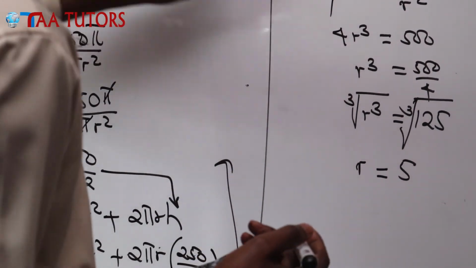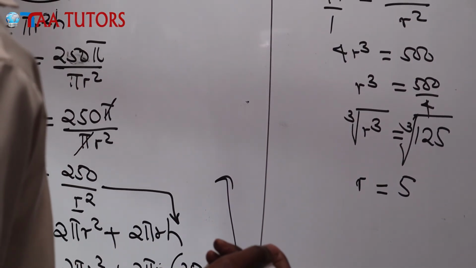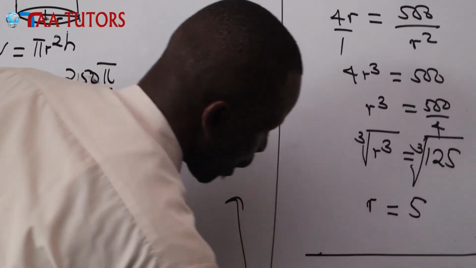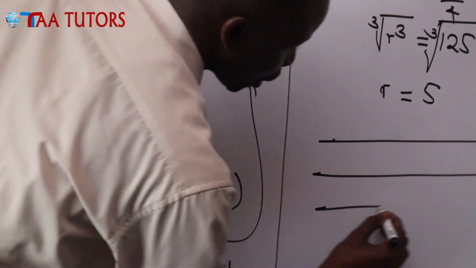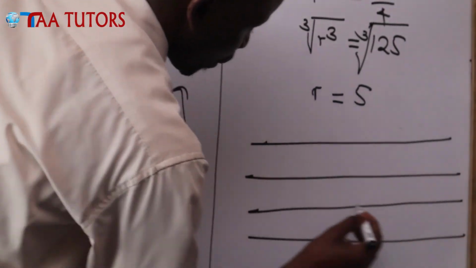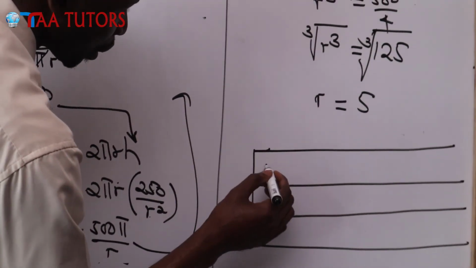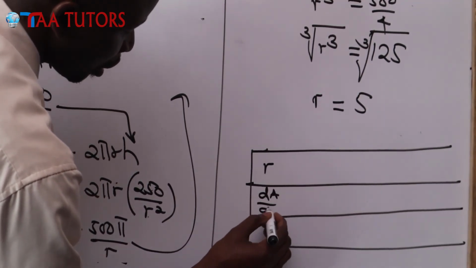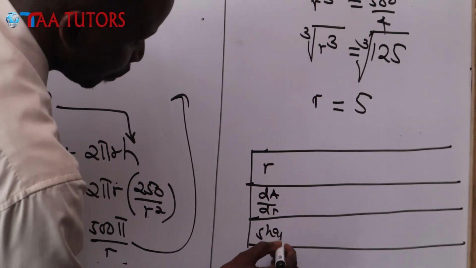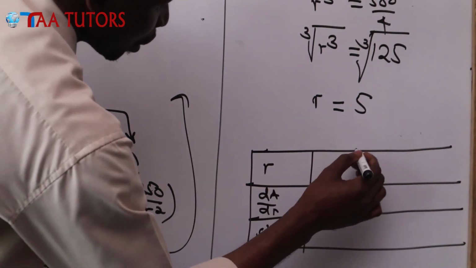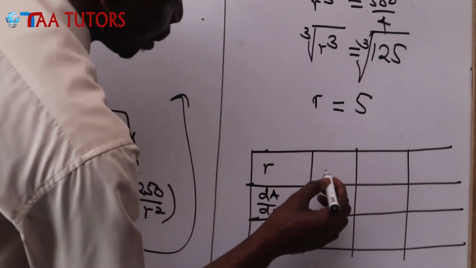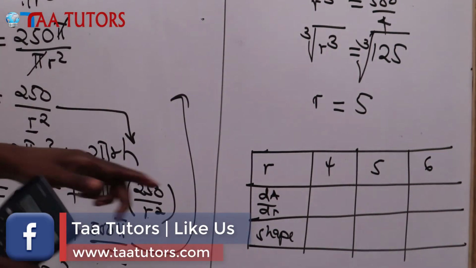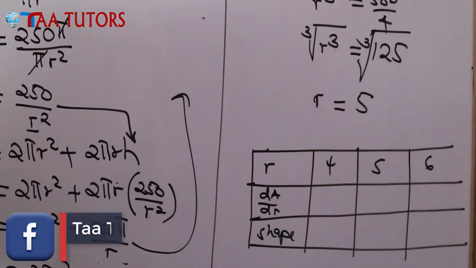How do we know that it's going to give us the minimum area? We have to use the neighborhood test to confirm that the area we are going to get, if the radius is 5, will be minimum. So this is r, this is dA over dr, this is shape. We divide in 3 columns. This is 5, let me say 4 and 6. We are going to substitute these in the derivative.